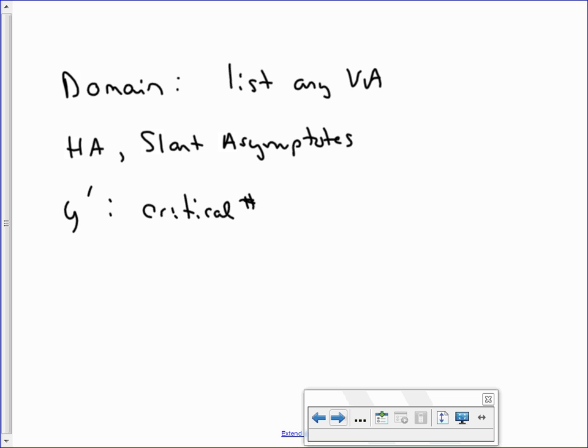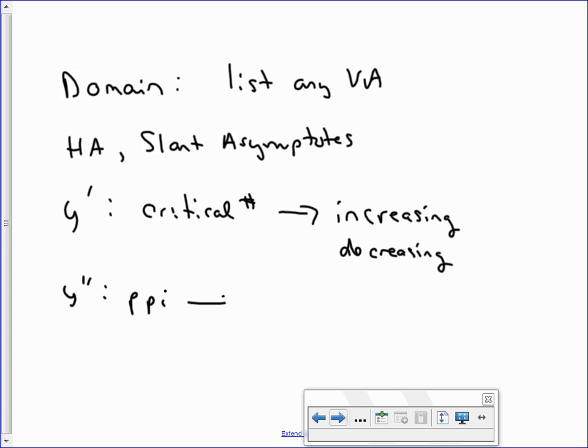Okay, and then you're going to do some work to figure out whether it's increasing or decreasing. Right? So you take a look at your second derivative and your possible points of inflection. So you're going to look at what its concavity is.